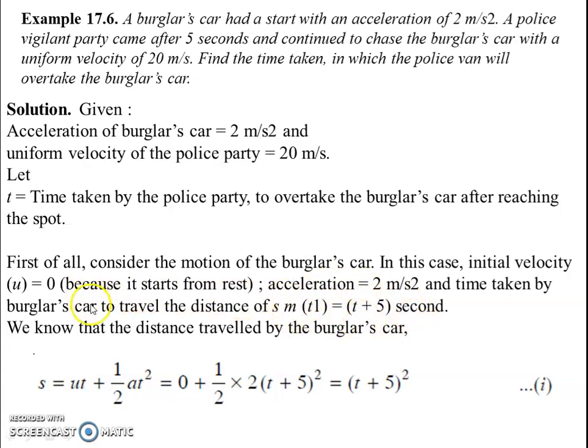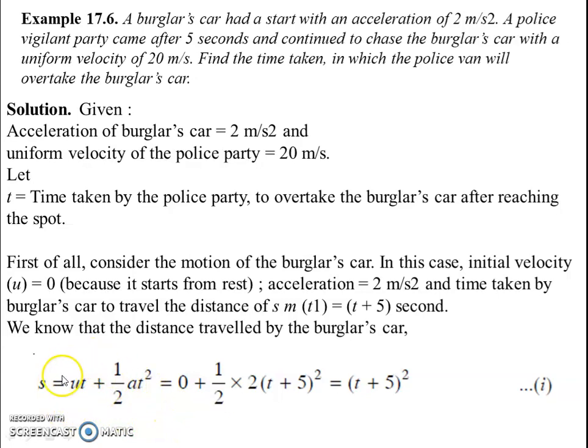The time traveled for a distance S by the burglar car will be T1, which is T, the time taken by police, plus 5, because it started 5 seconds earlier than the police car. This is the trick in this problem. Then we have this formula for rectilinear motion: distance is equal to ut plus half at square.